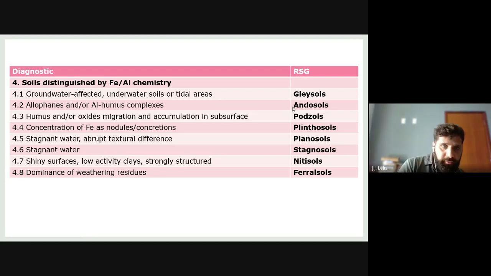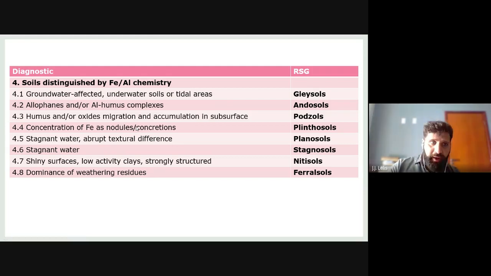Those soils indicate that in the past that site suffered from a water table, but today we can find only an unspecific gley property or stagnant property. They are called plinthosols. So the plinthosols are those soils that possess nodules and or concretions.